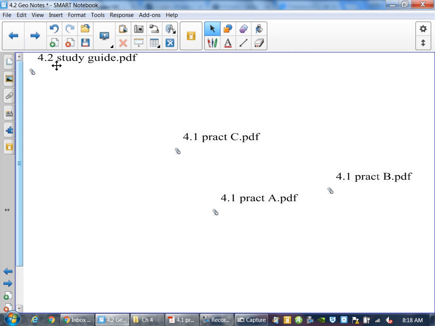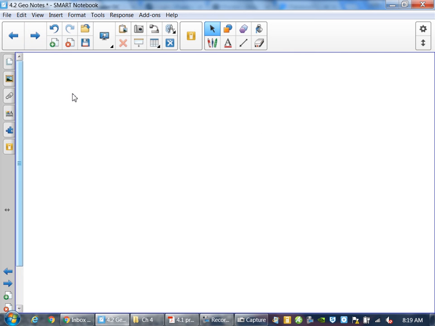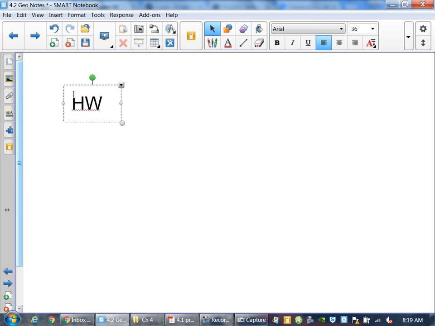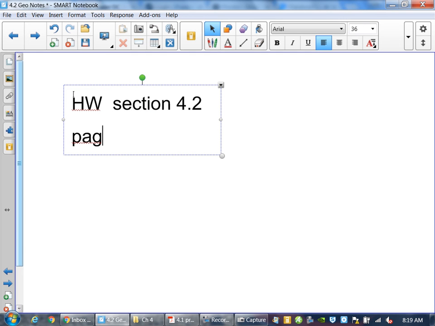This is page 228. We'll do numbers 5 through 10.